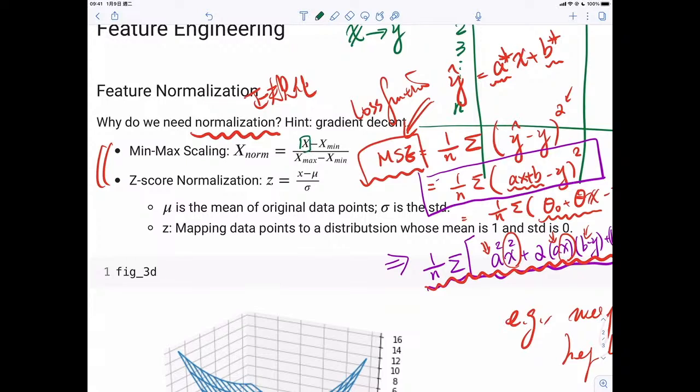You simply subtract the minimum value and divide it by your range, which is defined by your max value and your minimum value in your feature. So you get a normalized X. I believe you are familiar with such scaling from when you learned some statistics concepts.